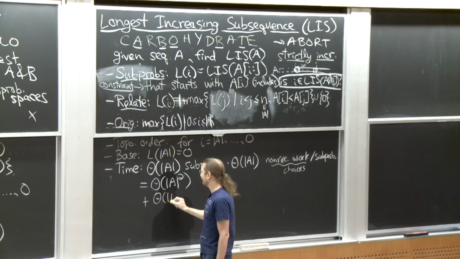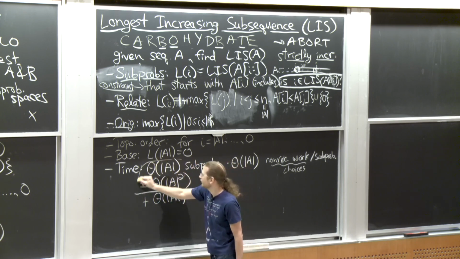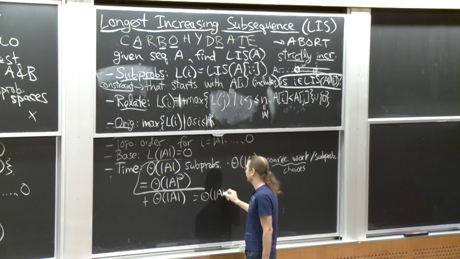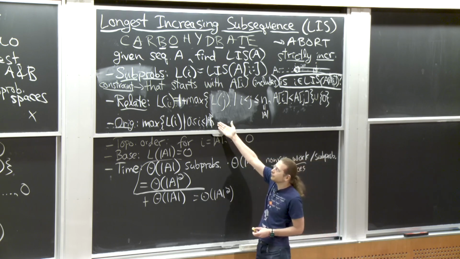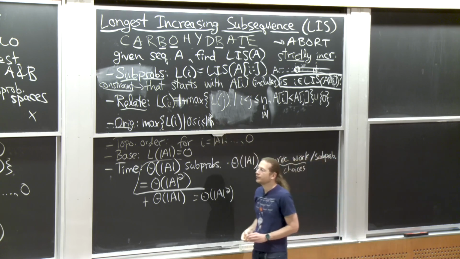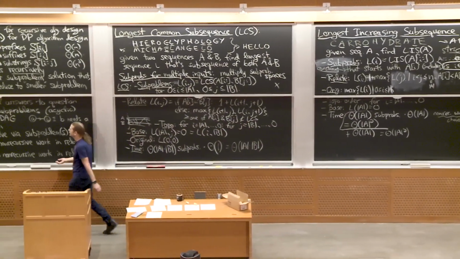But that's OK. That's length of A. So all of this plus length of A is still length of A squared. OK, but if you're doing exponential work here, that would be bad. We have to do some reasonable amount of work to solve the original problem in terms of all the subproblems. I have an example hiding here.